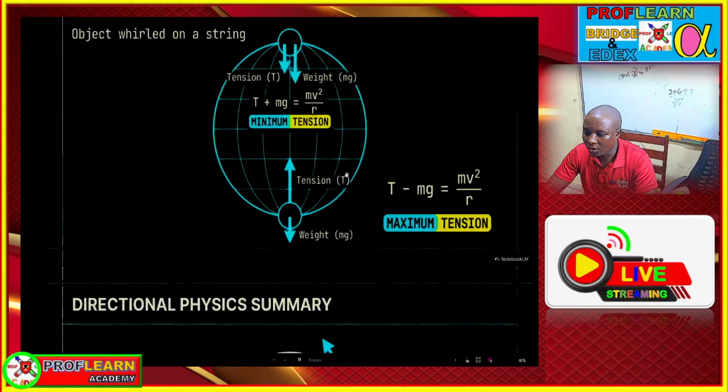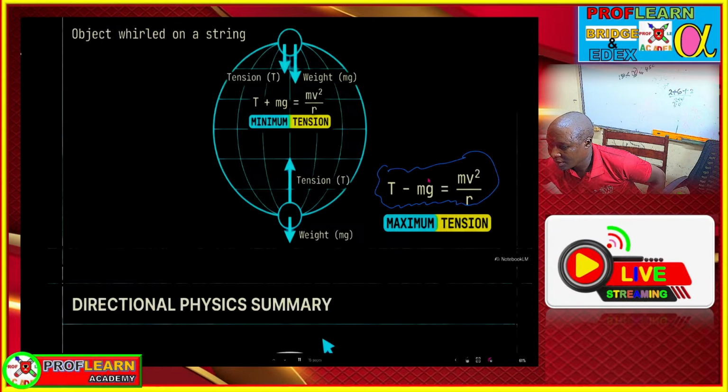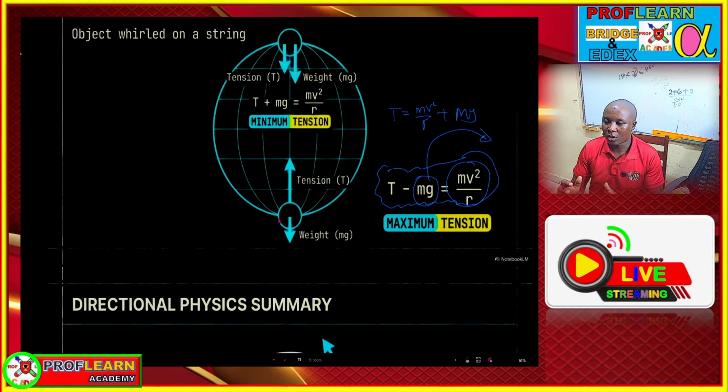And how do you identify that? If you look at the formula that we are having at this given point, because this is centripetal force and this is the weight, if you take this to the other side, you're going to have tension is equal to mv squared over r plus mg. So at the lowest point, this object is going to experience the maximum amount of tension.